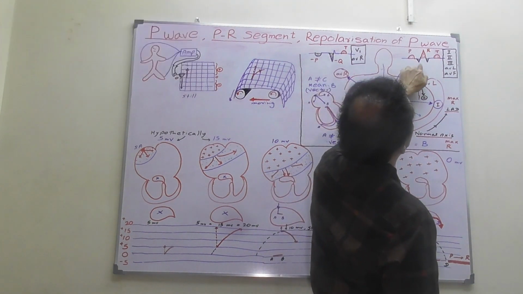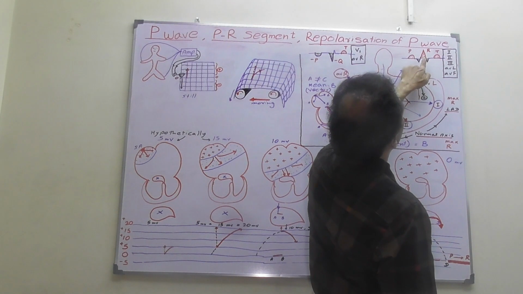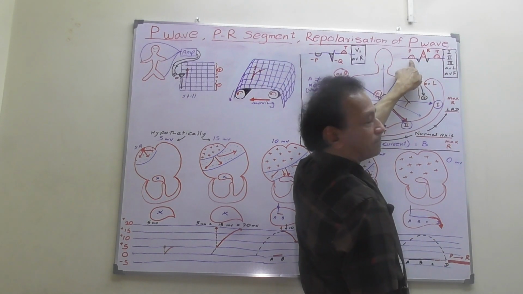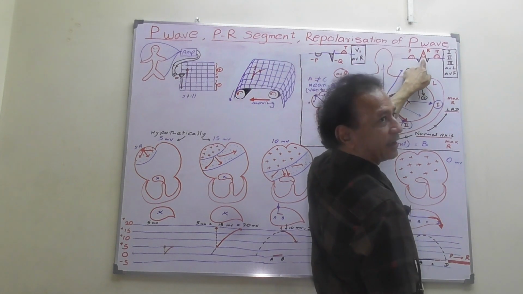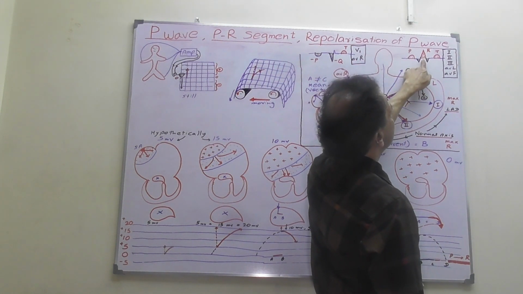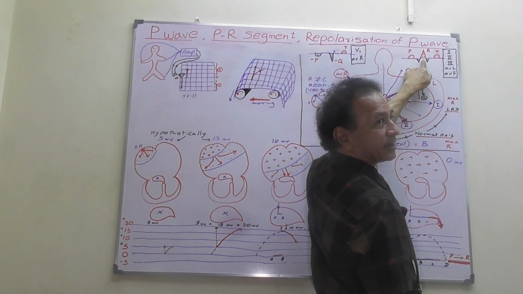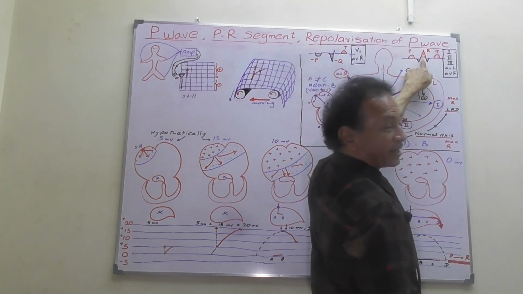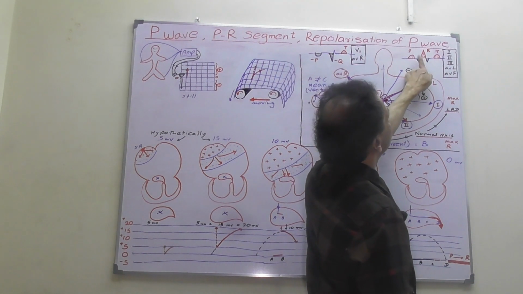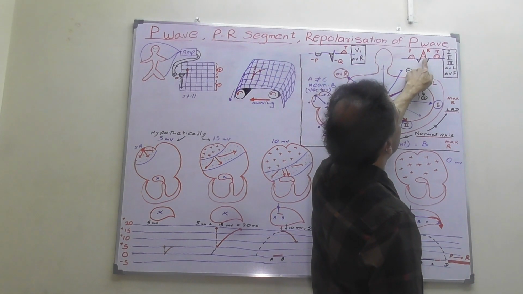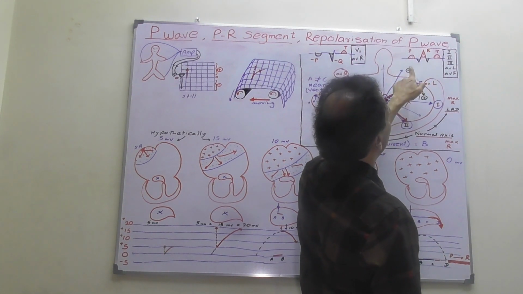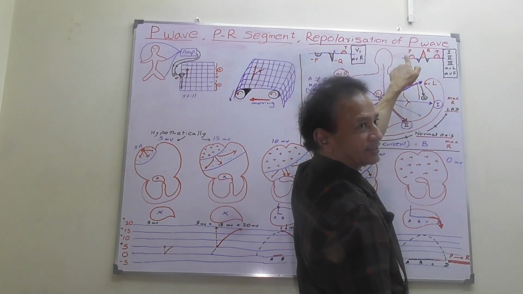So during this QRS complex, you actually get the repolarization wave of the atria. It is hidden there. As the QRS complex is higher, we don't see it. But sometimes in pathology, you can see that wave after the QRS complex, somewhere here. I will explain that when the pathology of the atria is explained.